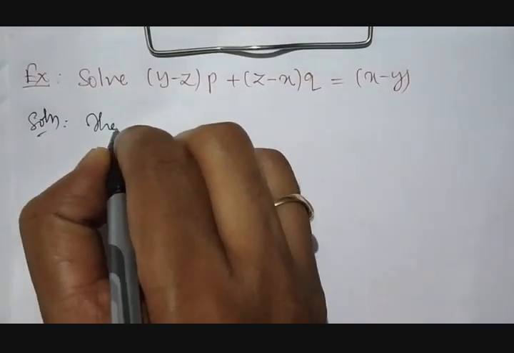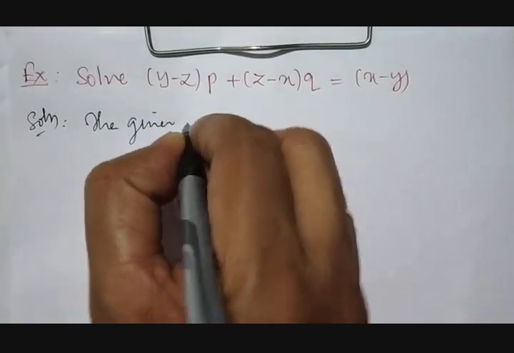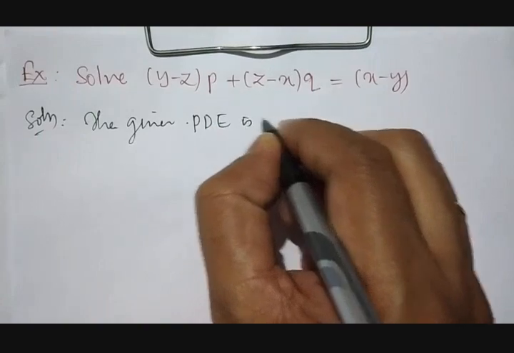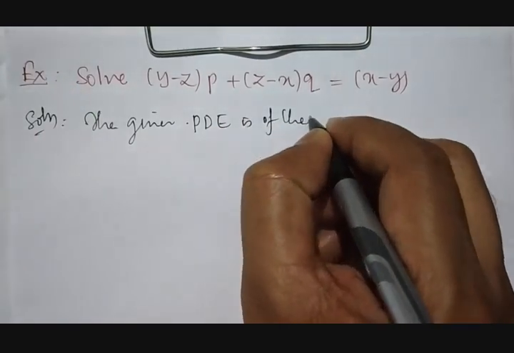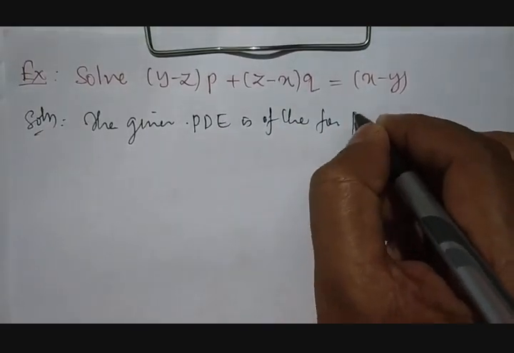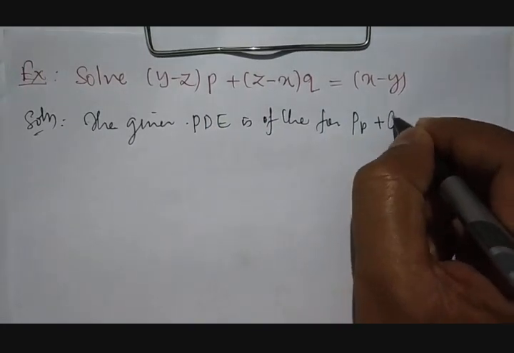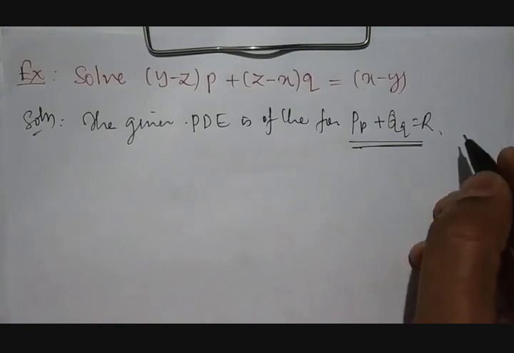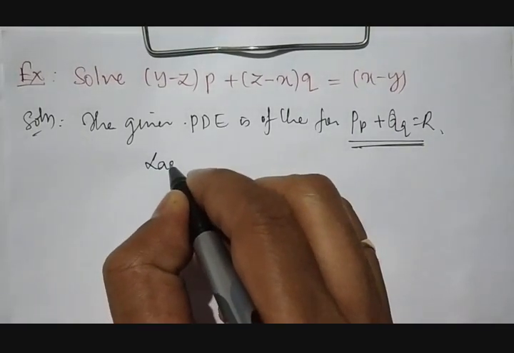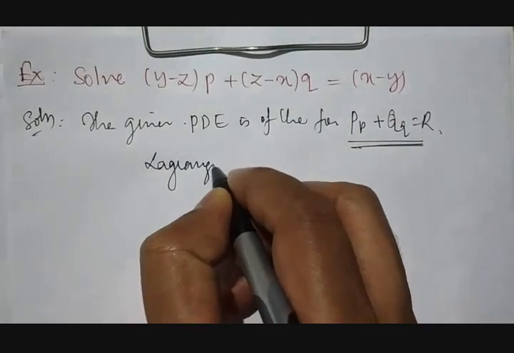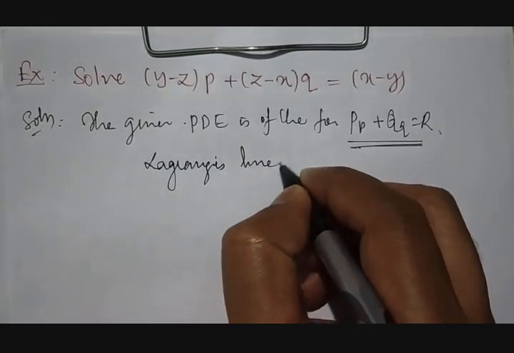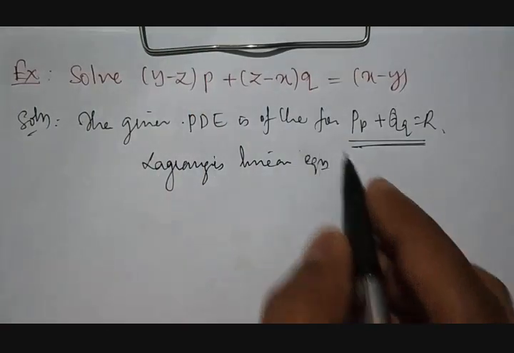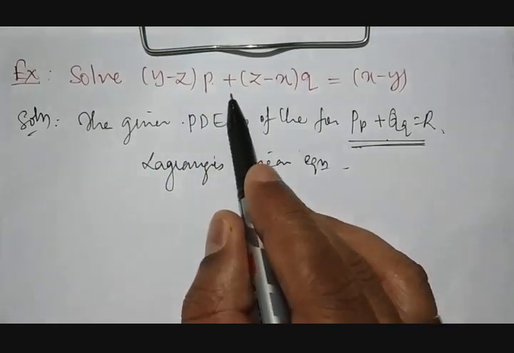The given equation, which is a partial differential equation, is of the form Pp plus Qq equal to R, because we know that this is Lagrange's linear equation. If you compare these two results, we'll come to know the comparison.